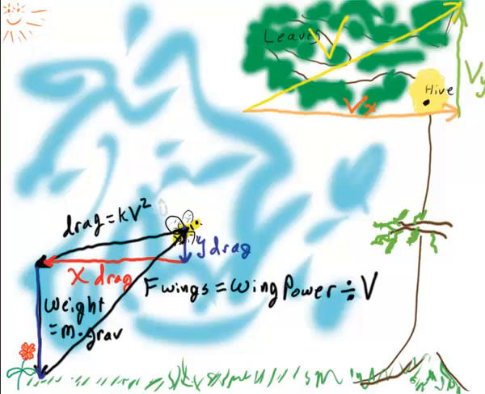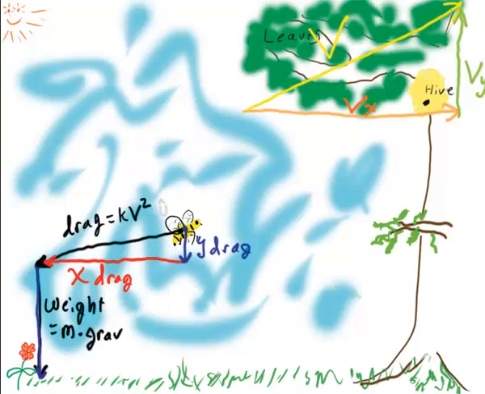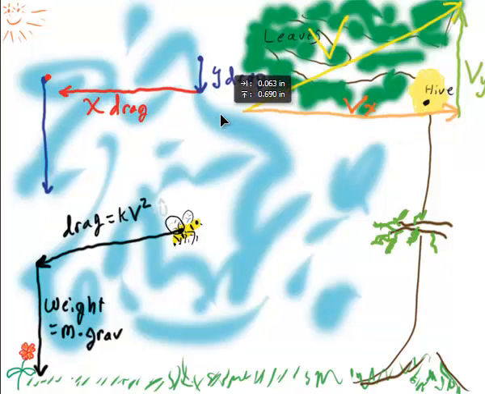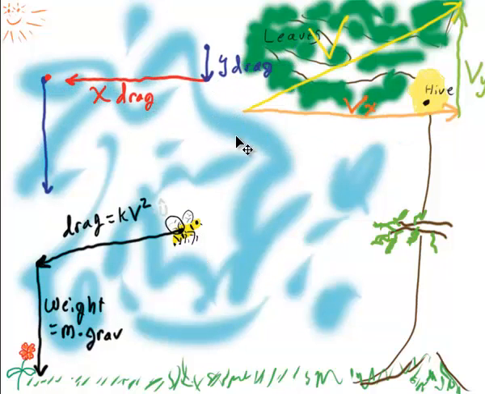Now I'm going to remove the force wings for a moment, just to show something about vector addition. I want to show that we can add the components separately from the main vector, and we'll get exactly the same result.